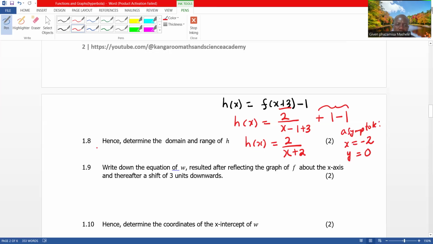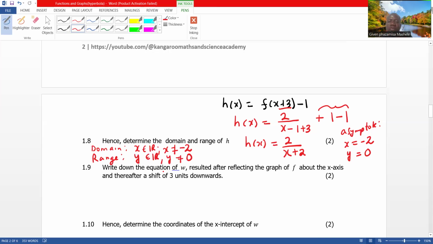So in terms of the domain, we'll say the domain of h would be x is an element of real numbers, but x should not be equal to negative 2. Then the same applies with the range: y is an element of real numbers such that y should not be equal to 0.